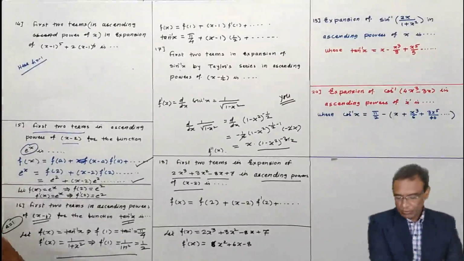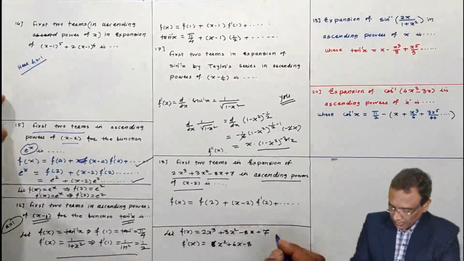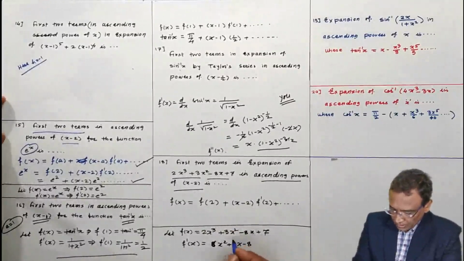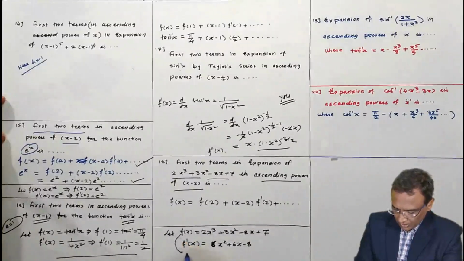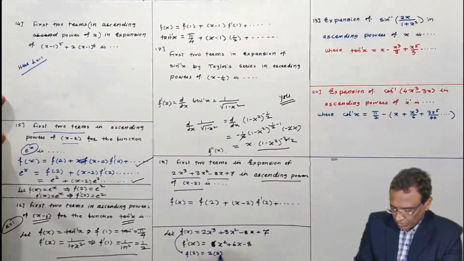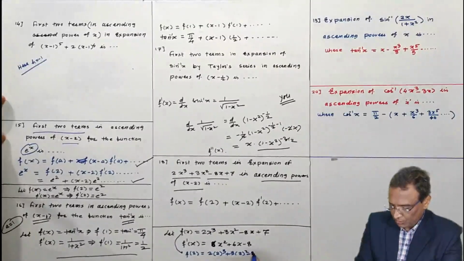Now, f of 2 is required. So, what is f of 2? f of 2 is 2 multiplied by 2 raised to power 3, plus 3 times 2 square, minus 8 into 2, plus 7.